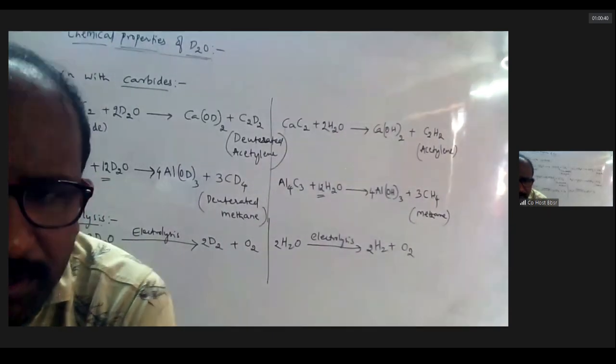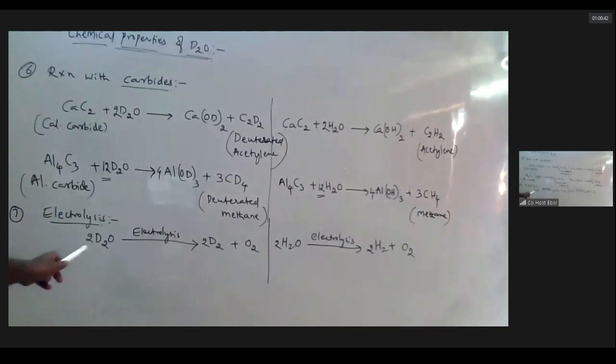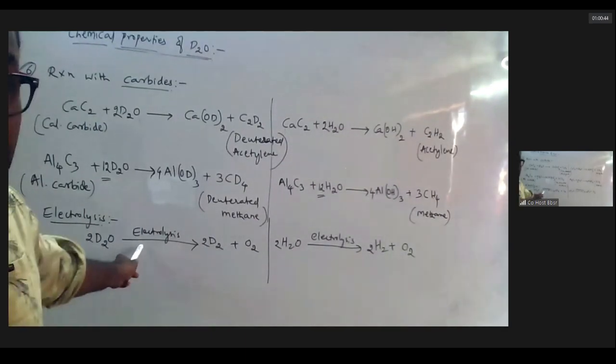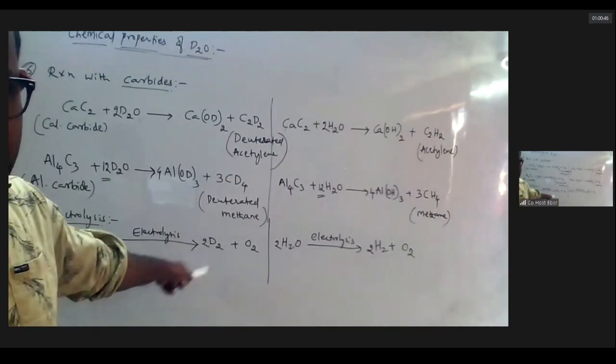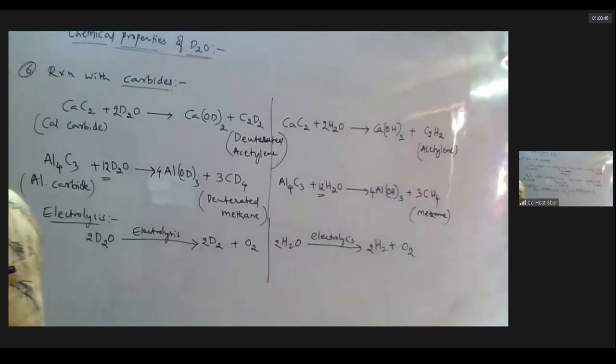So the last property here is deuterium oxide undergoing electrolysis, producing deuterium and oxygen.